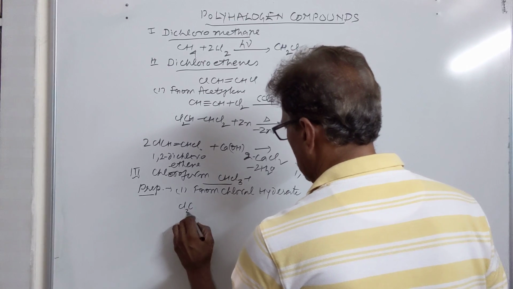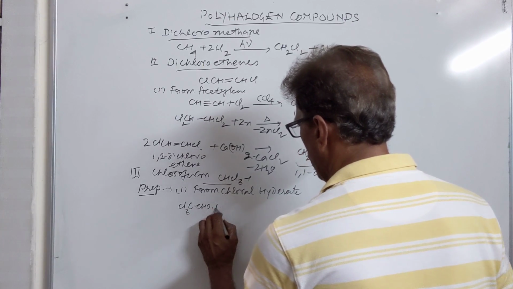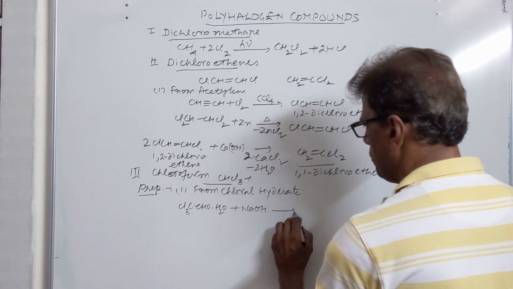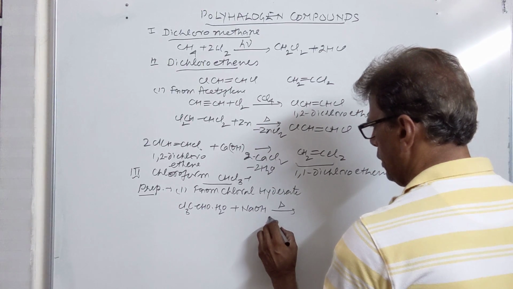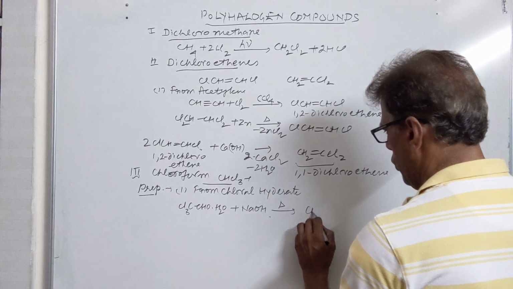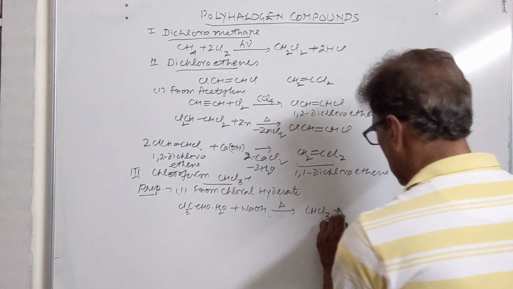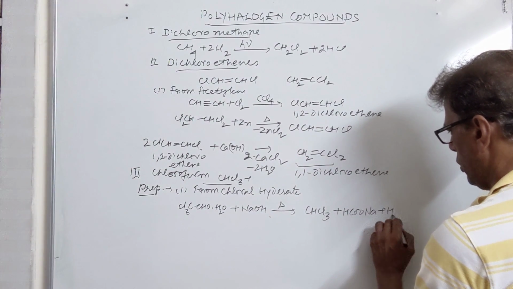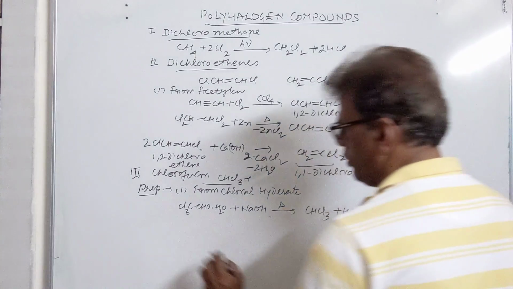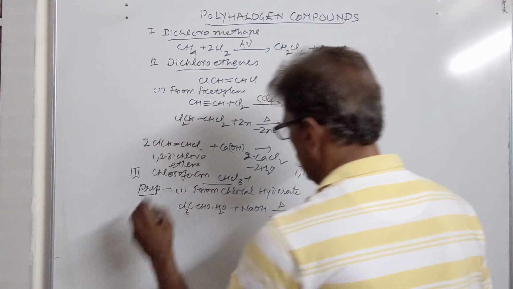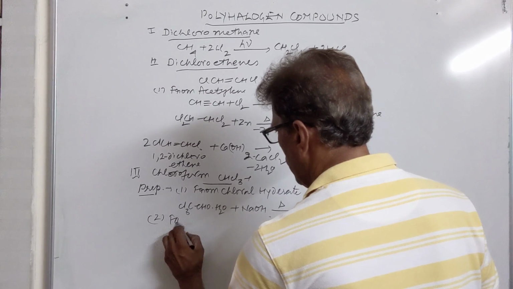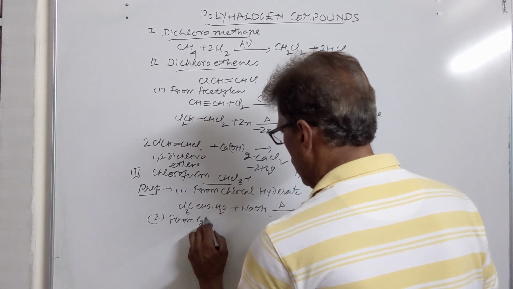This is CCl3CHO.H2O treated with NaOH. We get chloroform plus HCOONa, sodium formate, along with water. So this is our first reaction, from chloral hydrate. Second reaction is from ethyl alcohol.